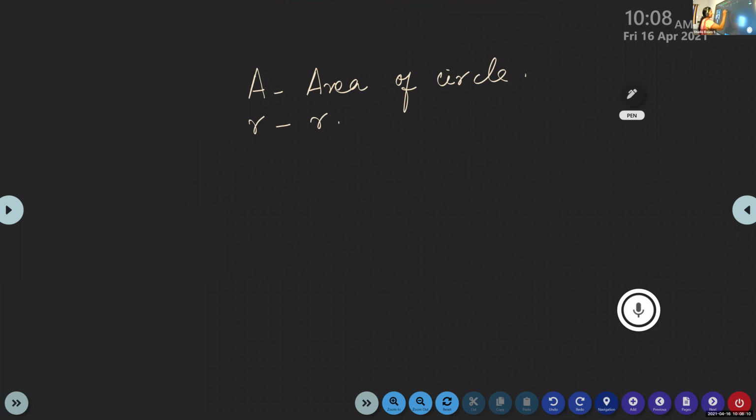What is the relation connecting these two? A is equal to the area of the circle, pi r square.